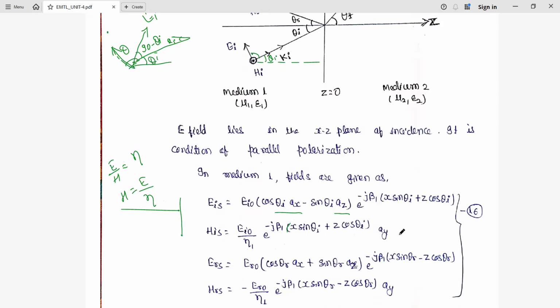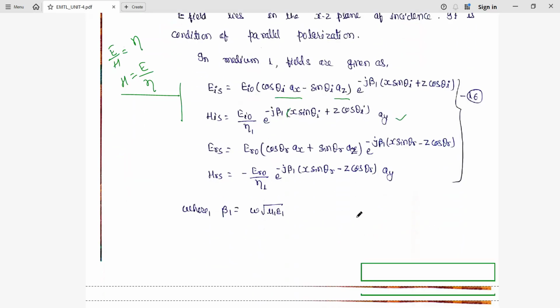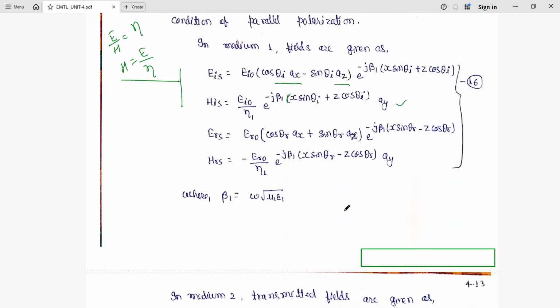This component is along the y-axis. In the case of the reflected wave, z was positive earlier and is going to become negative now, so the sign here changes.